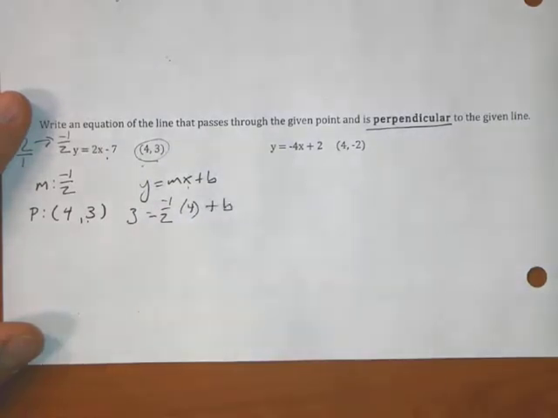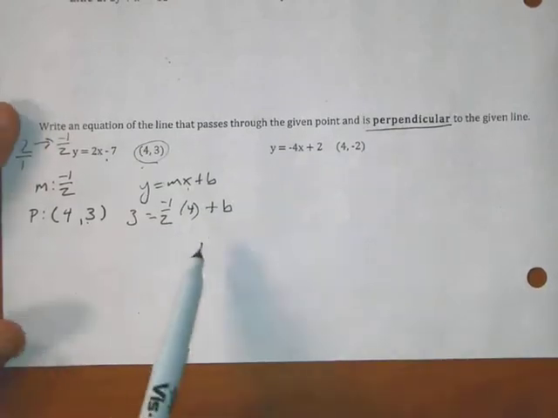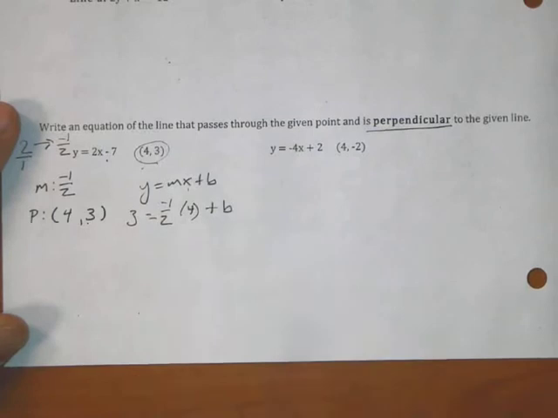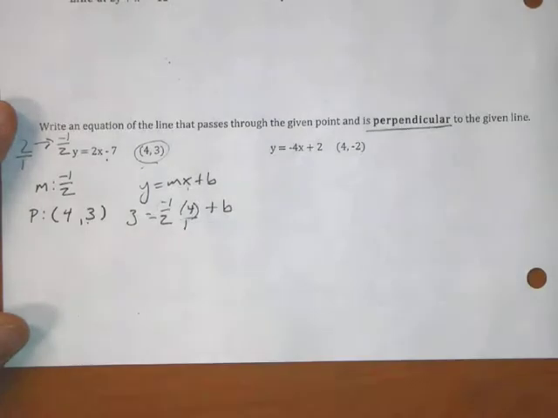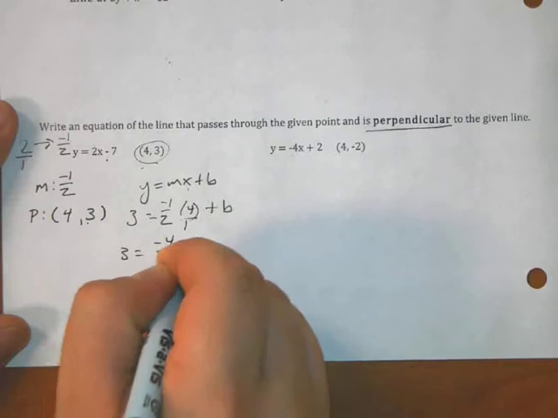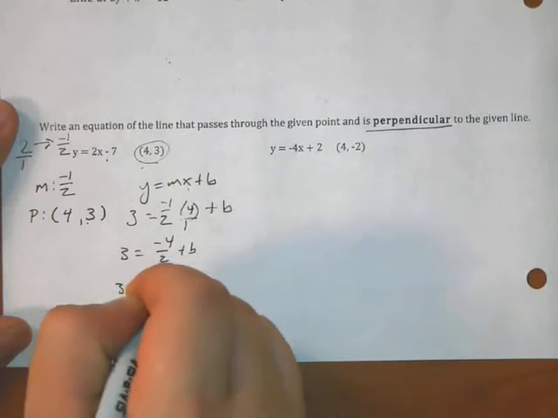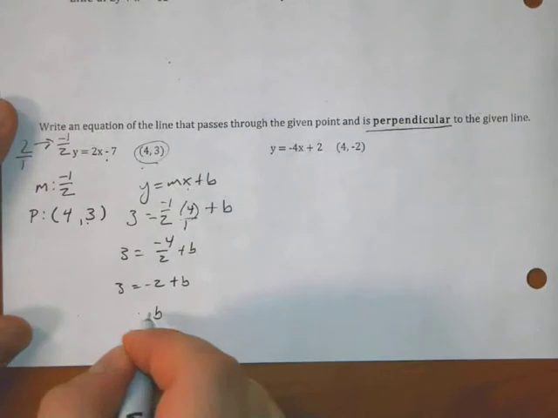We don't know b. What's -1/2 times 4? Multiply comes first. How do we multiply a fraction by a whole number? Put it over 1 and multiply straight across. Okay, so what's b equal?